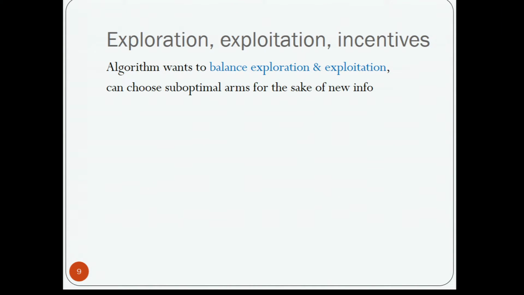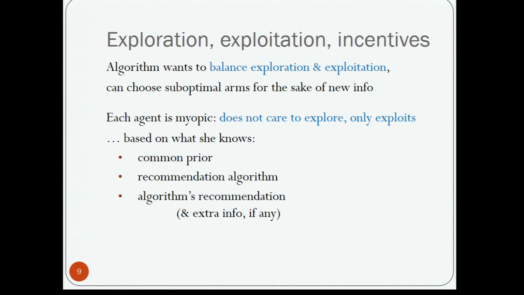The algorithm may want to choose suboptimal arms for the sake of getting more information, but the agents don't want that. Each agent just wants to do the best thing, based on what she knows, which is three things: the common prior, the recommendation algorithm itself, and the algorithm's recommendation, and maybe some extra information, if any.